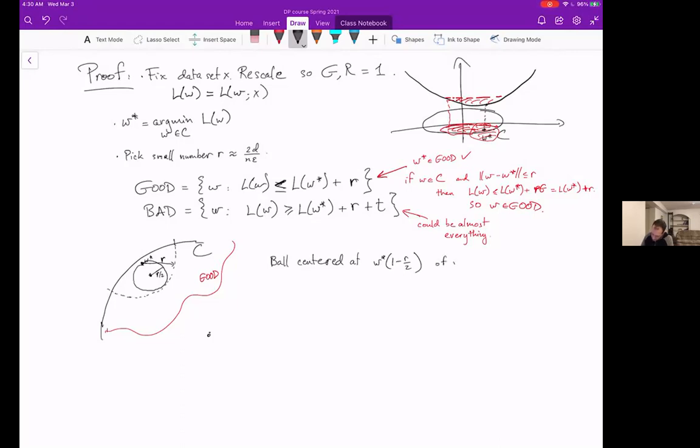If I take the ball centered there of radius r over 2, it is contained in both the constraint set and good.